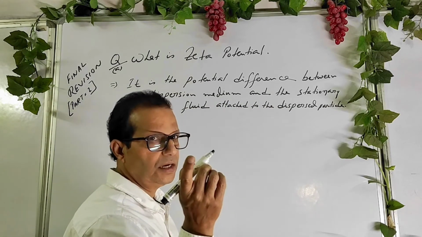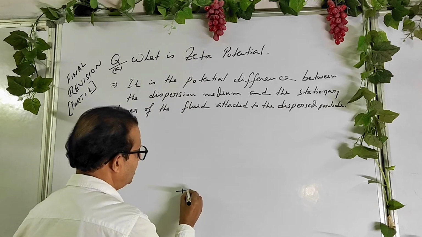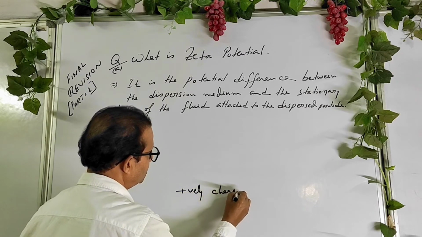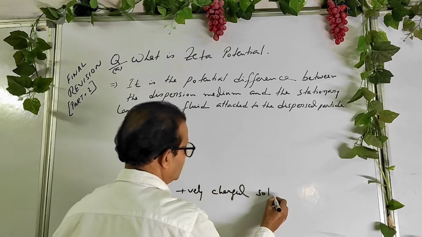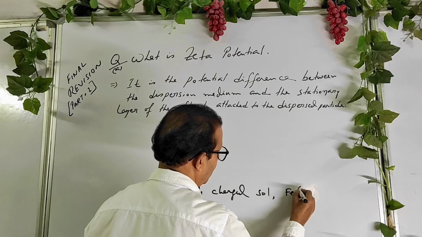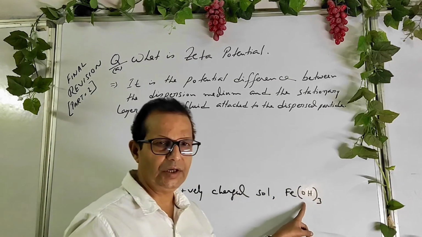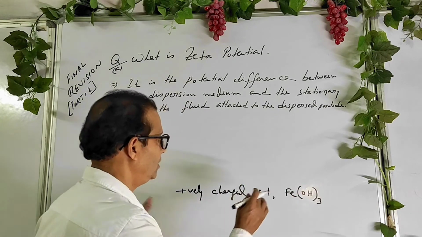If you consider a positively charged sol or colloid, say ferric hydroxide, how does it become positively charged? During the preparation it carries positive charge actually.